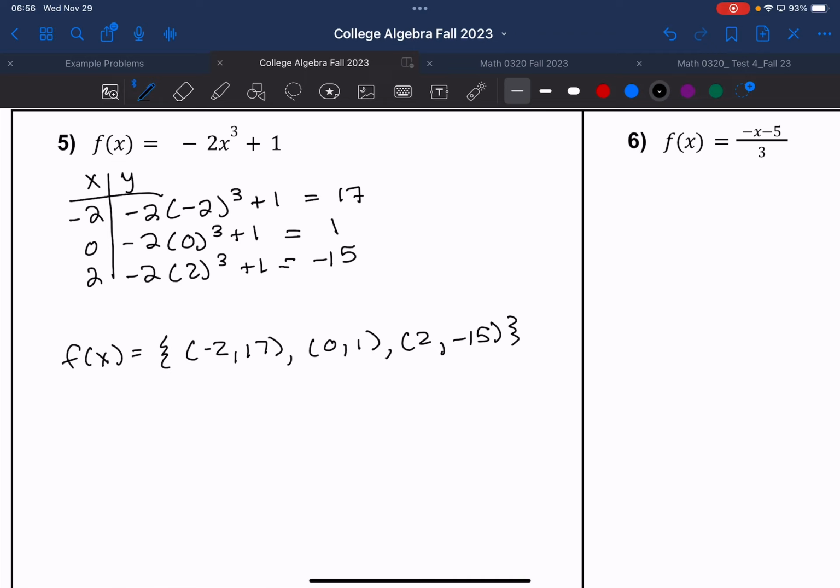And I'm going to use this information to find my inverse by doing what? Good, I'm swapping my x and y values. So then I have 17, negative 2, 1, 0, and negative 15, 2. Okay.